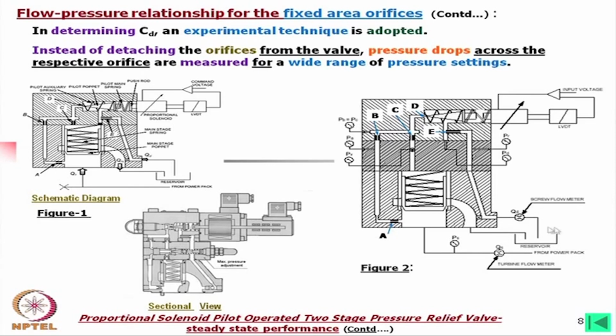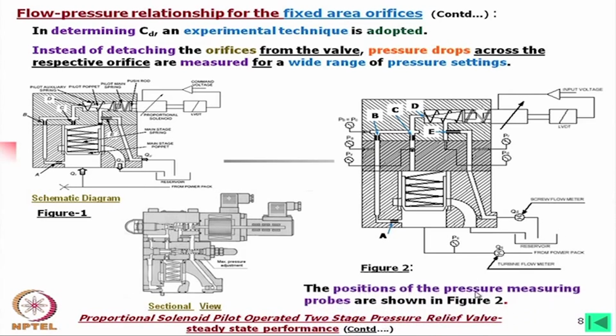So, a flow transducer was there. This means that we measured the pressure drop over each and every orifice and we measured the total flow through all these orifices. The positions of the pressure measuring probes are shown in this figure.